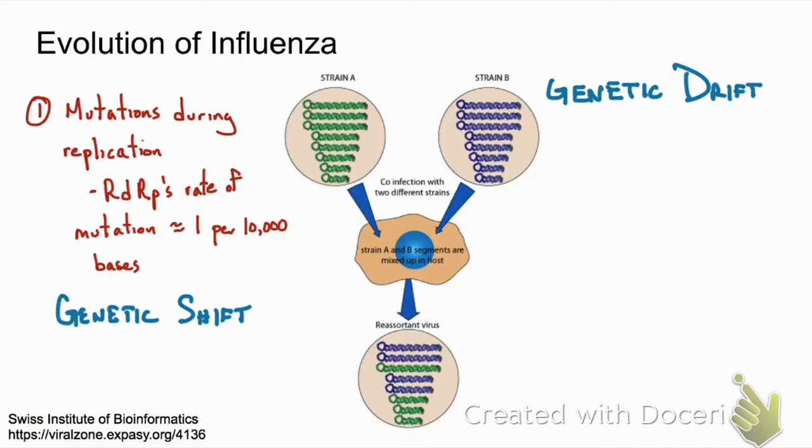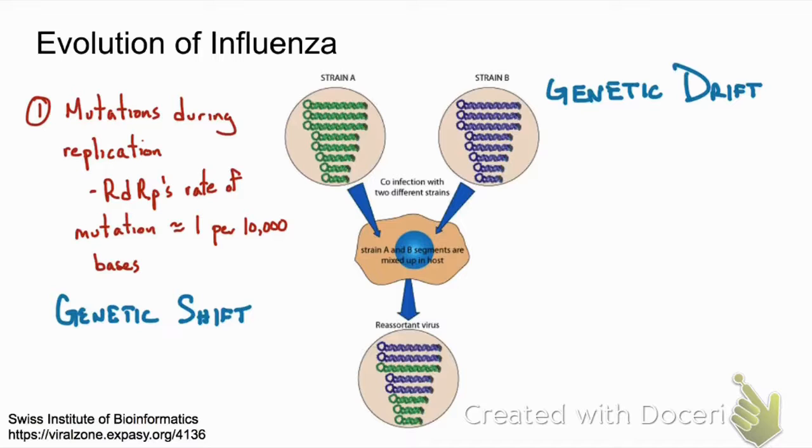Let's imagine the following scenario where strain A is an avian influenza and strain B is a human-based influenza. And you can see the colors of their genomes in green and blue. One organism that can be infected by both avian and human influenza viral particles is the pig or other swine.